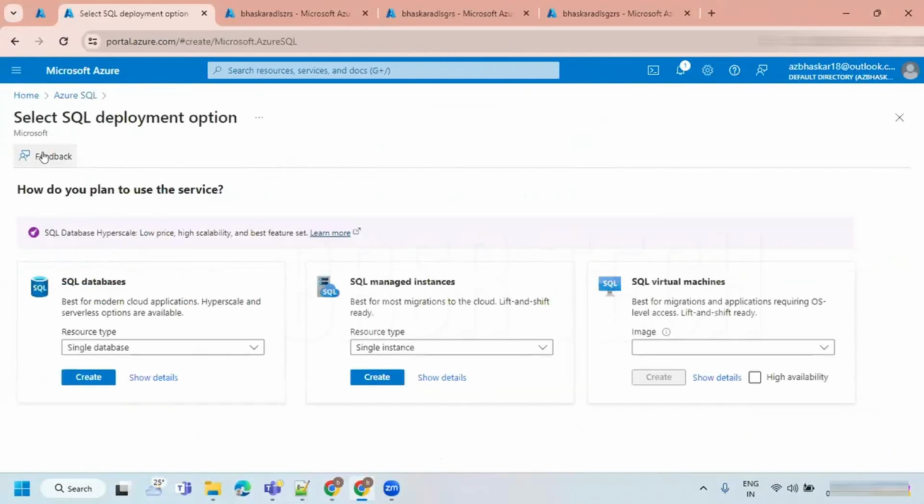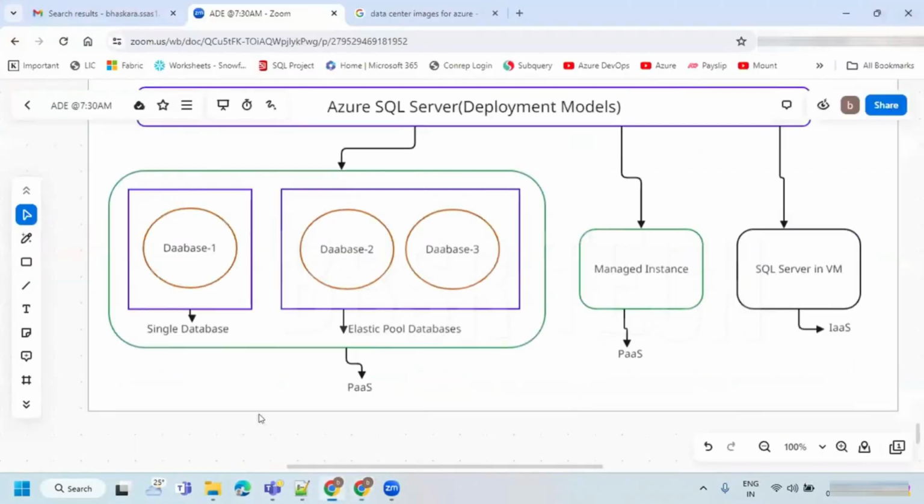And I'm just going to create a SQL Server database. You can see here SQL databases. So this entire box is SQL databases, and this is managed instance, and this is SQL Server in virtual machine.